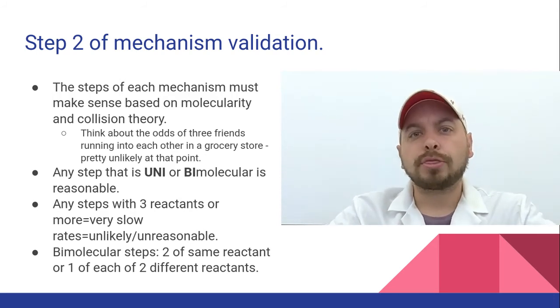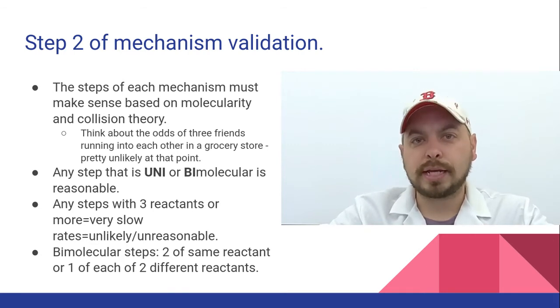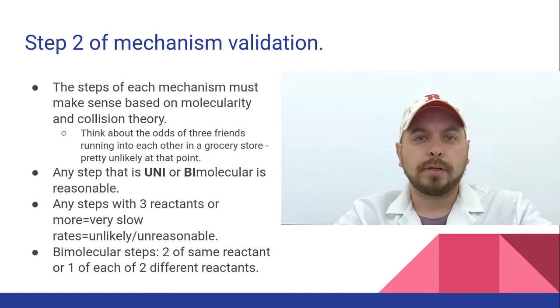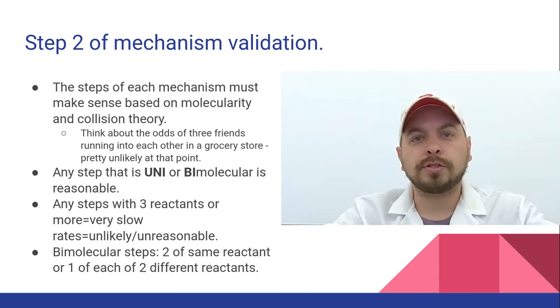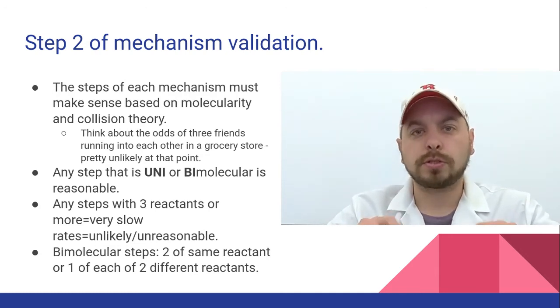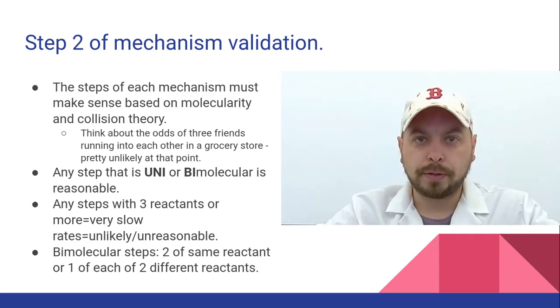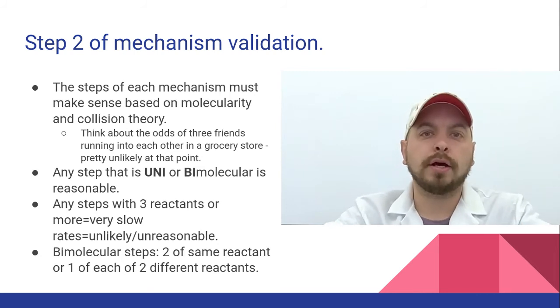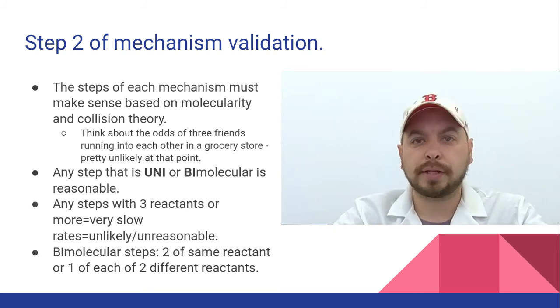Okay? 3 molecules colliding at the same time in the same place isn't completely out of the question. But in almost every circumstance, it's going to result in a very slow reaction rate. And so by our norms, we're going to just call that unreasonable because it's so unlikely to happen.